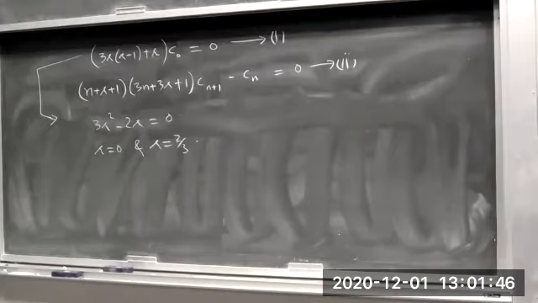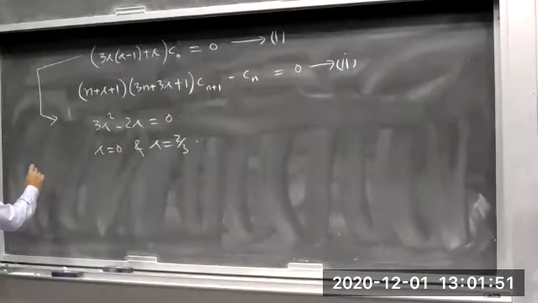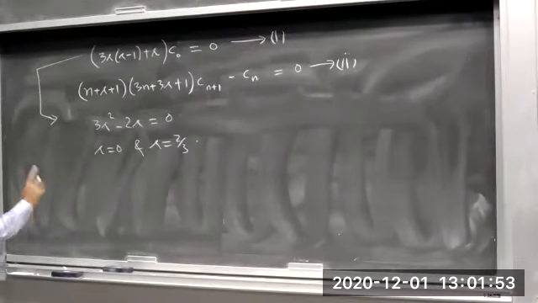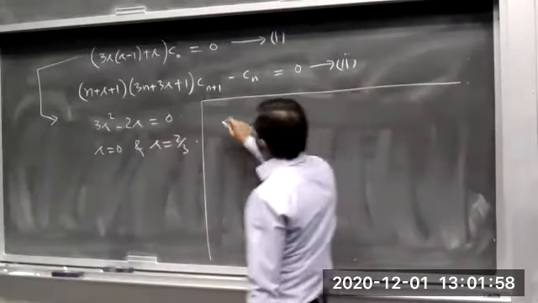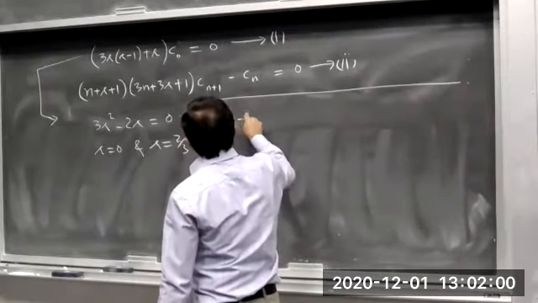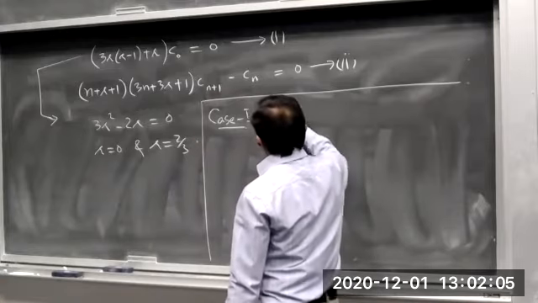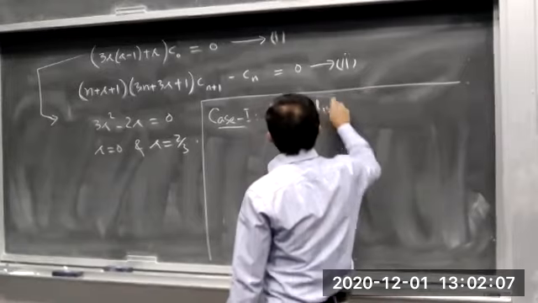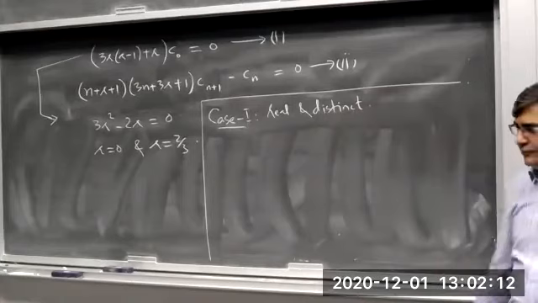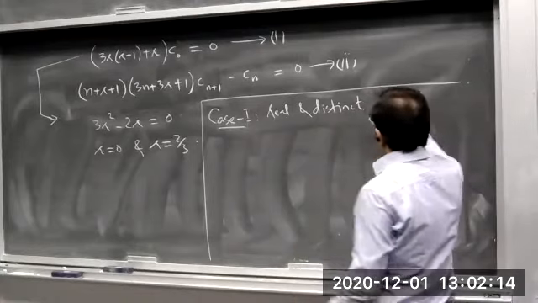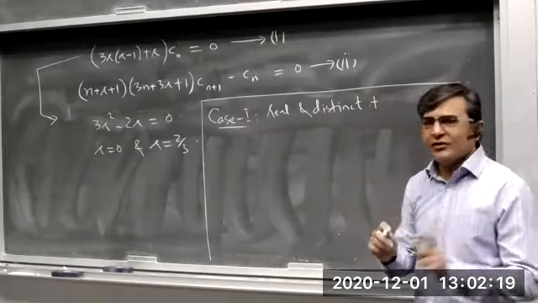Now, this quadratic equation can have real roots as well as complex roots. We are not considering complex roots here. We only consider real roots. But in real roots as well, we have three cases. Case one, when roots are real and distinct, plus they do not differ by an integer.